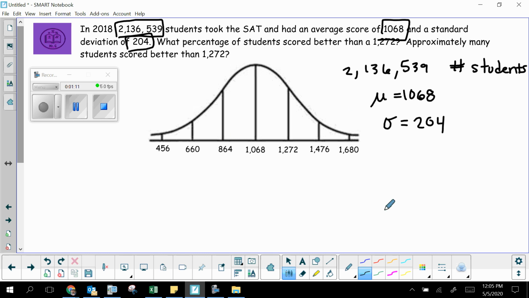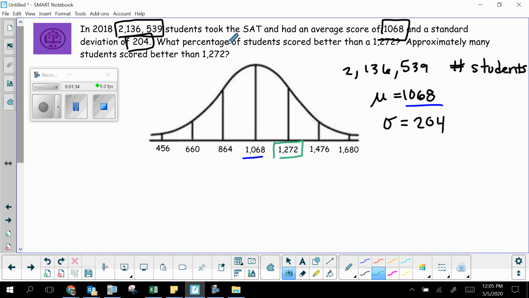We're going to take our mean and stick it right in the middle of our graph, and we're adding 204, just like we did in the last example, to find the different values. 1068 plus 204 is 1272, one standard deviation above the mean. Well, that happens to be the value they're asking us about, 1272.